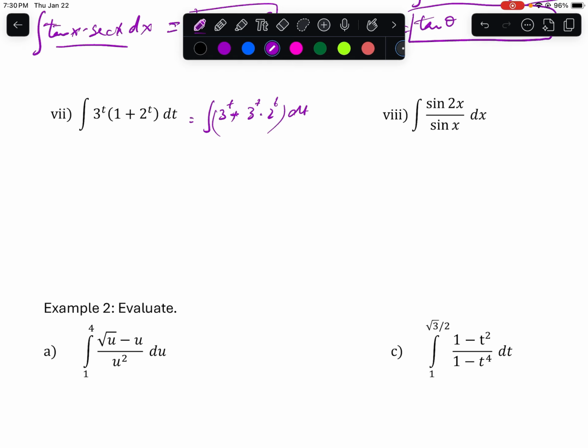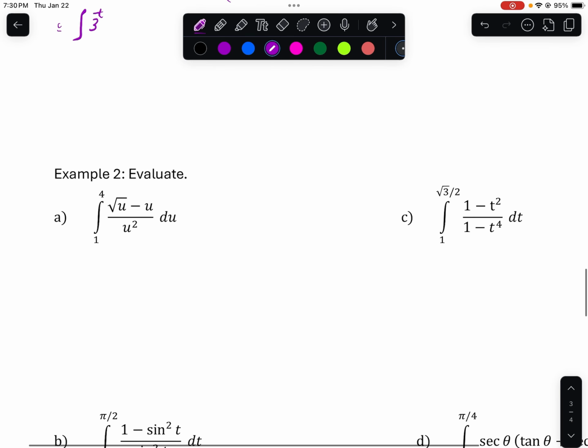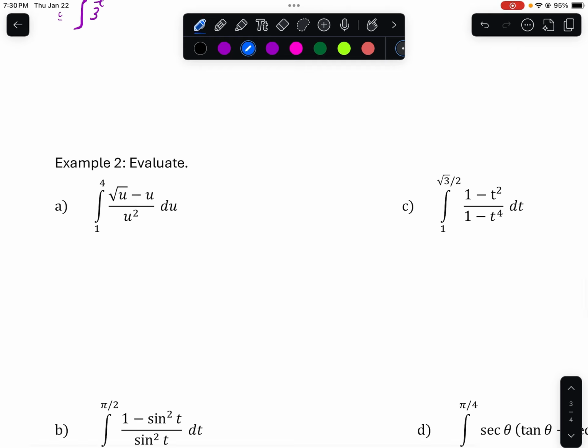So which is equal to the integral of 3 to the t, which remains as it is, but what happens to the second term? How can we write the second term?